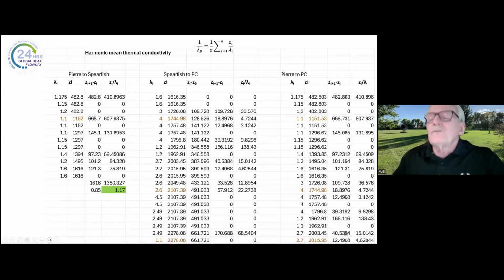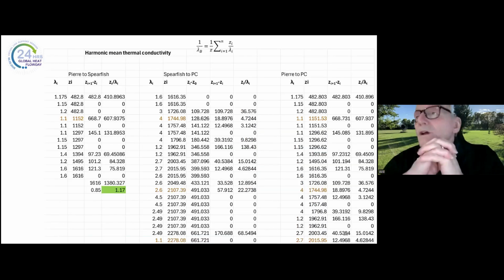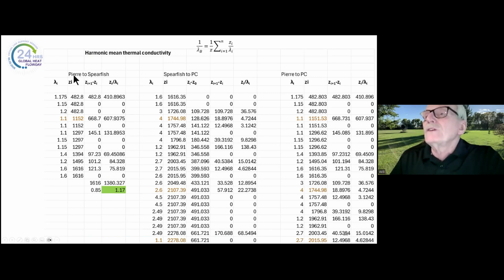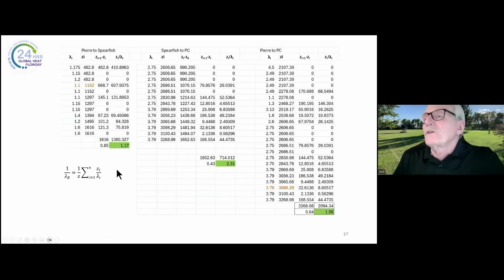Okay. And then from that, we go back and we calculate their harmonic mean thermal conductivity. So I go from the Cretaceous to the bottom of the Triassic, over here from the Triassic to the Precambrian, and here from the Cretaceous to the Precambrian. So jumping to the bottom of this, where we cut a lot of things, I'm just going to show you the numbers.